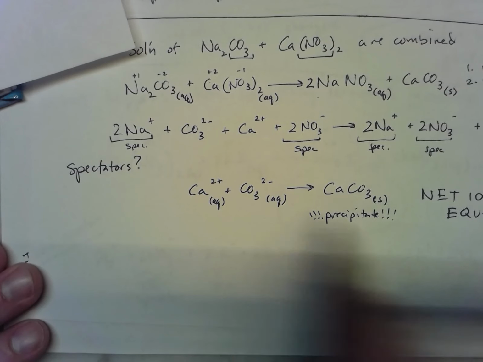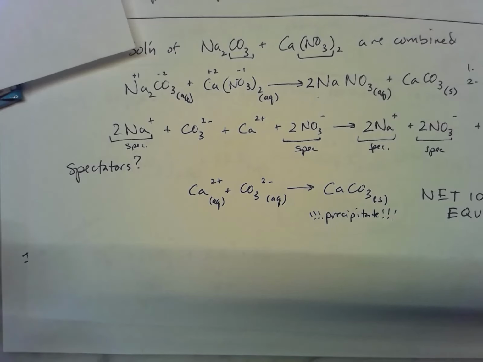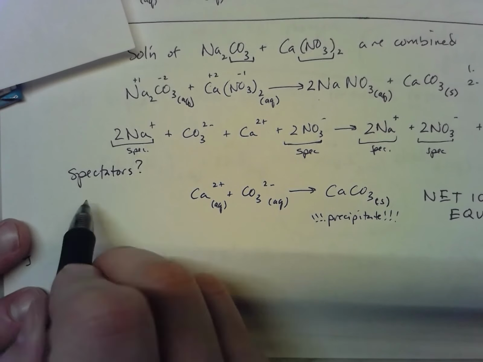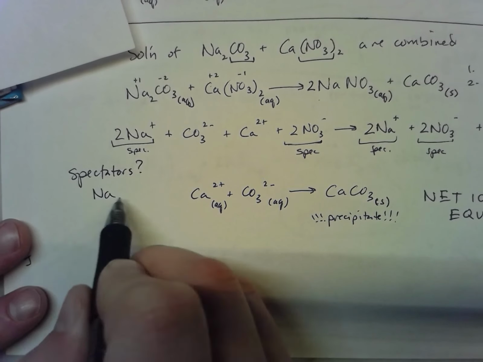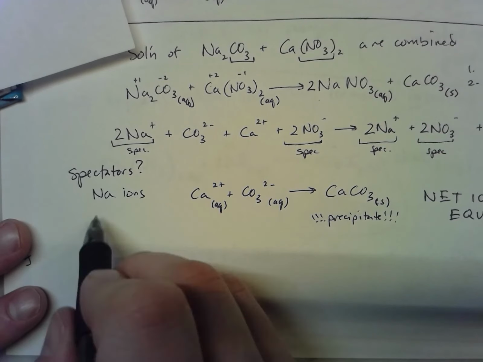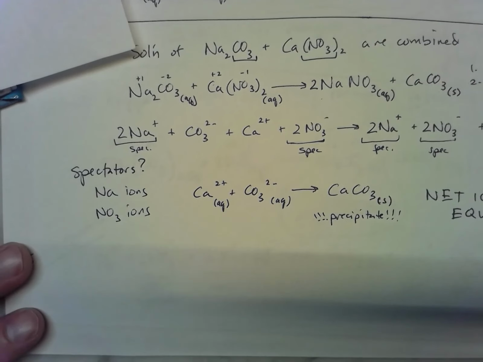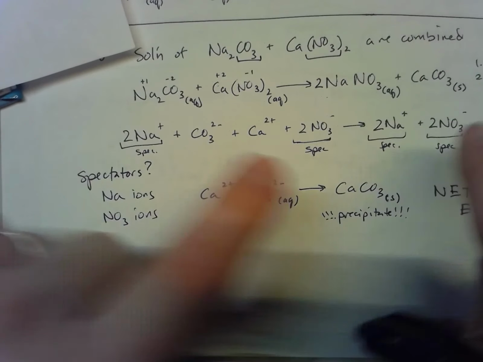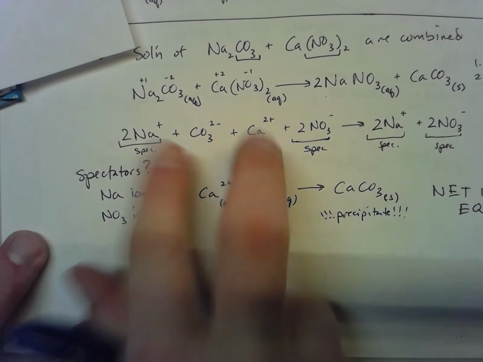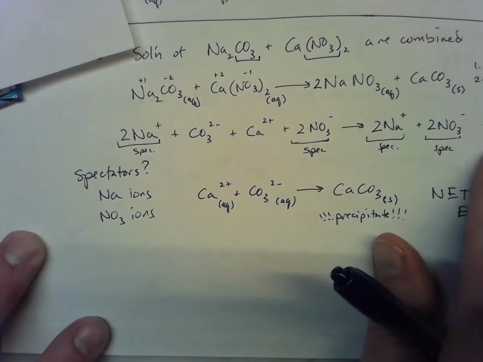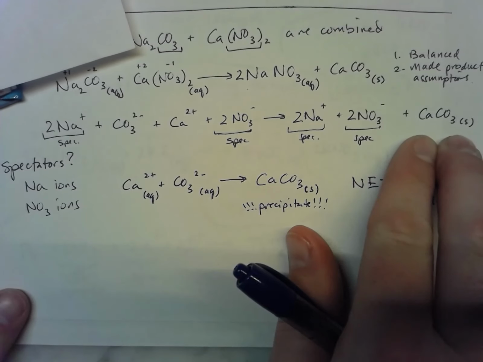Everything else just sort of spectates. Okay? So that's it. So we can identify the spectators, and if I asked you to write those down, we would say spectators are the sodium ions and the nitrate ions. Okay? They show up on both sides. They just watch while these ions get together to make that insoluble precipitate that comes out.